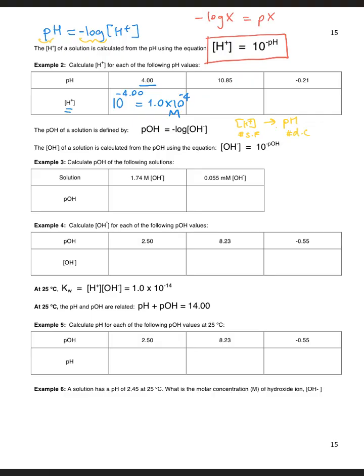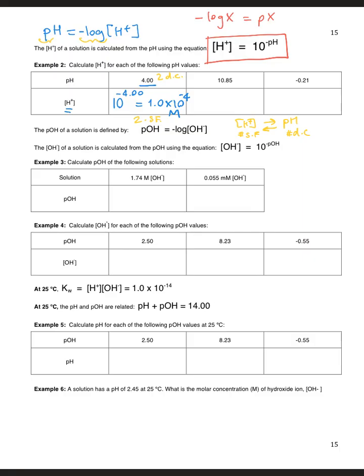Vice versa, if we do the reverse process, that means the number of decimal places of the pH must become the number of sig figs in the concentration. If you look at it, the pH value contains 2 decimal places. So that means the answer for the concentration needs to contain 2 significant figures.